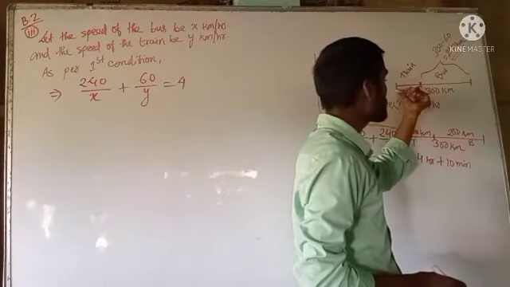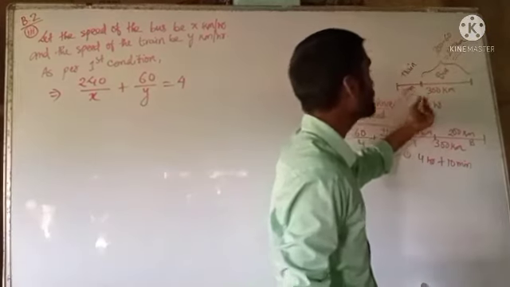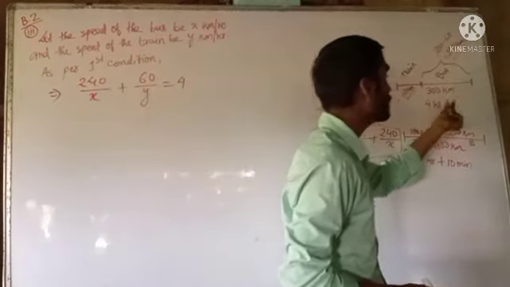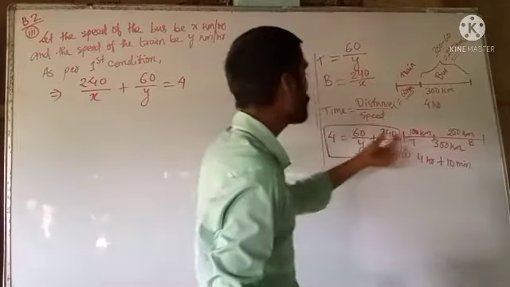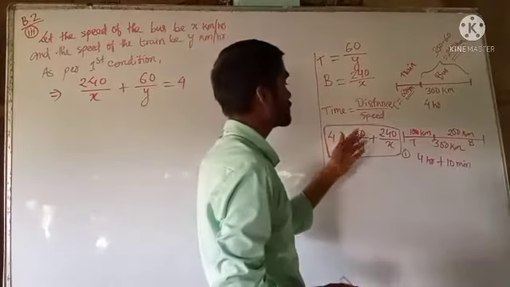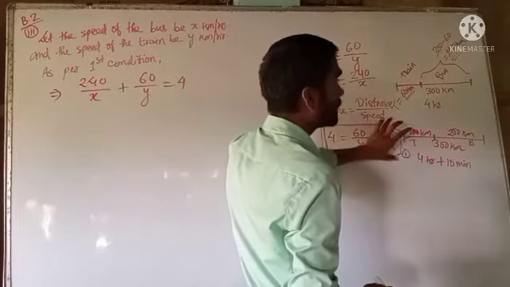That means the distance covered by train and the distance covered by bus, if we are adding them, then we are getting 300 km. But the condition is that the time taken here is 4 hours. So 4 hours is equal to the time taken by bus and the time taken by train.